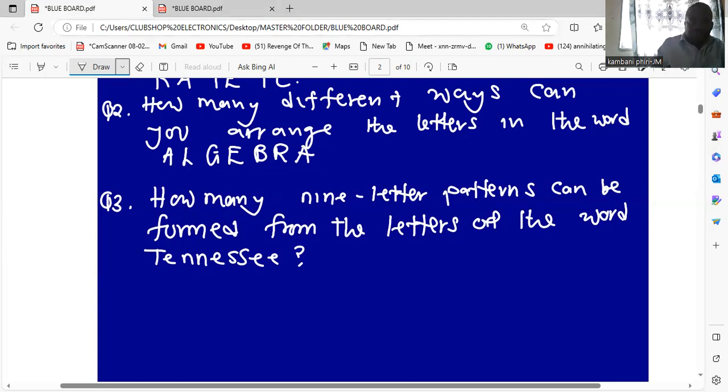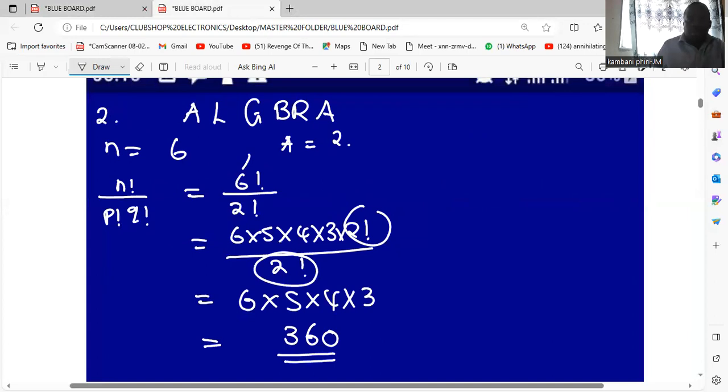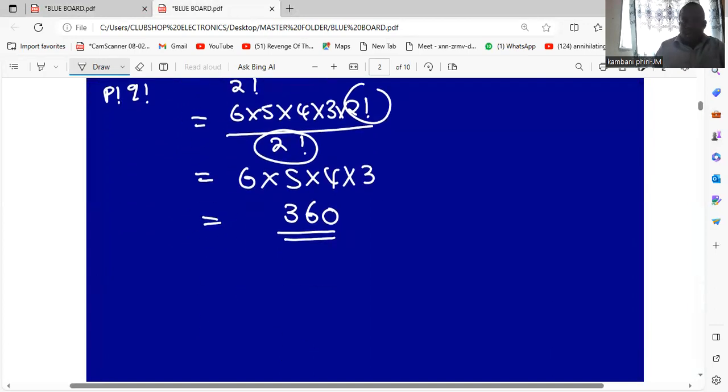So we have got this word. Let me check: T, E, double N, E, double S, double E. So we need to find the n, which is the total number of letters.